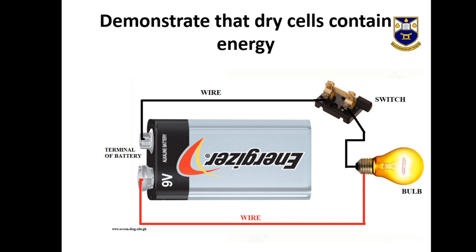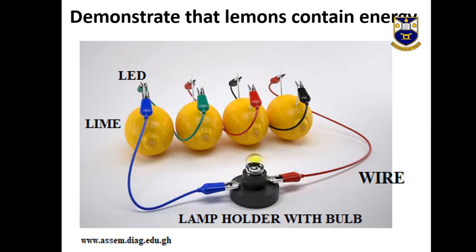You could also go through this exercise with lime, but usually it is not easy to get your lime giving you light at once, which means that to do this you have to read a lot, get enough information on the internet so that you know how to do this connection. Usually you need two different metals. For instance, you could use zinc and copper, or zinc and other metals like aluminium and so forth.